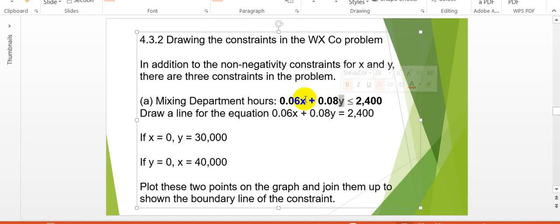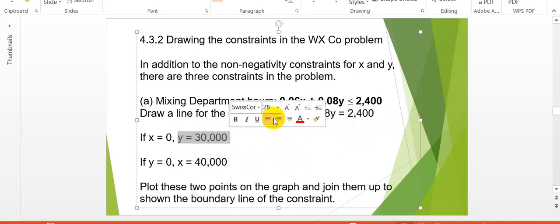So if x is replaced with 0, this part becomes 0. So you now have 0.08y is equal to 2,400. You make y the subject of the formula by moving 0.08 across the equal sign, so you'll be dividing 2,400 by 0.08, which will give us 30,000 y.